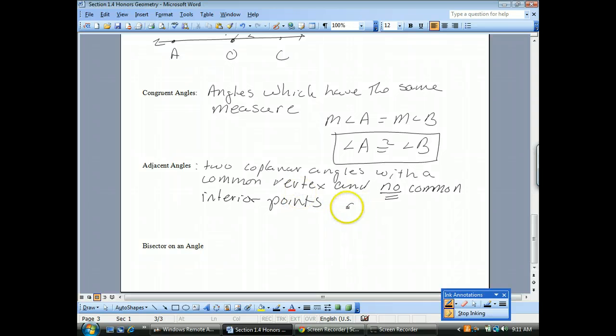Okay, the symbol we use to denote is just ADJ with the angle symbol.